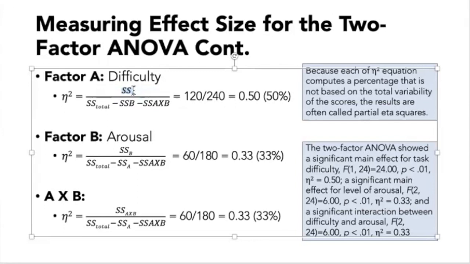Since it is not based on the total variability of the scores, we often call this partial eta squared.